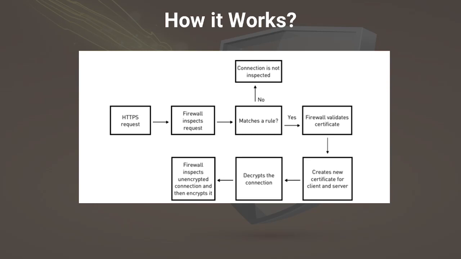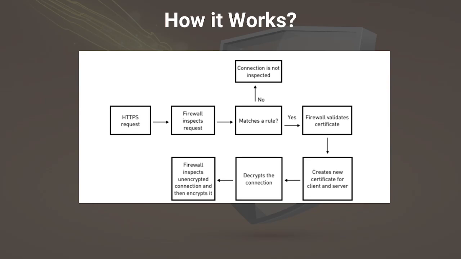And because the client is actually terminating a TLS and TCP connection with the firewall, and the firewall establishes a new TLS connection with the server, that means the firewall needs to maintain two TCP and two TLS connections.